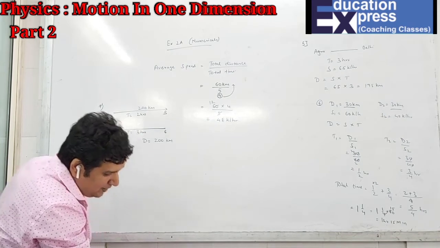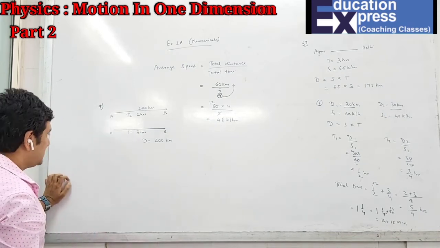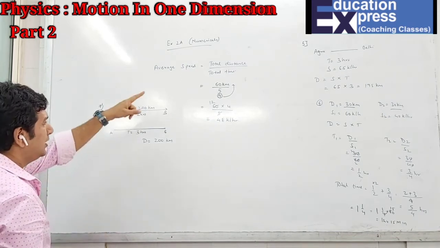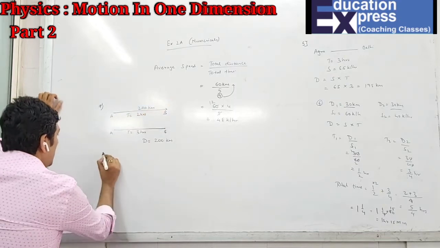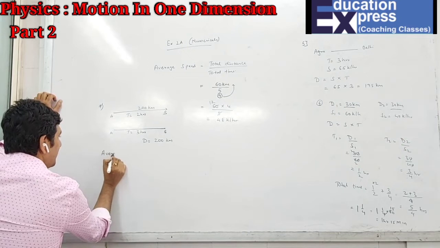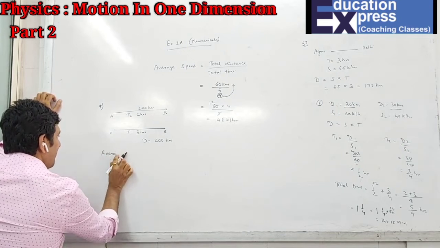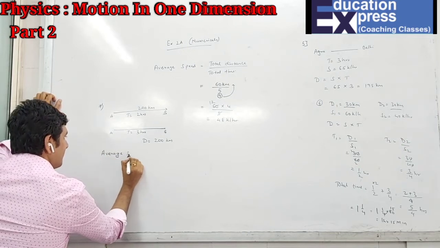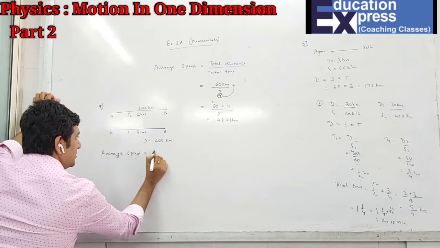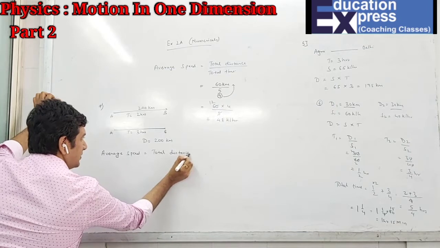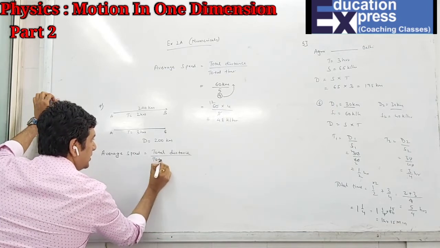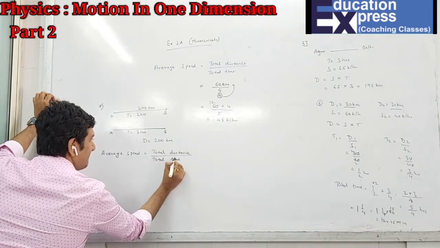What they asked, same thing, average speed and the average velocity. So average speed means what? Total distance, yes, available. Total time, yes, available. So average speed is total distance upon total time.